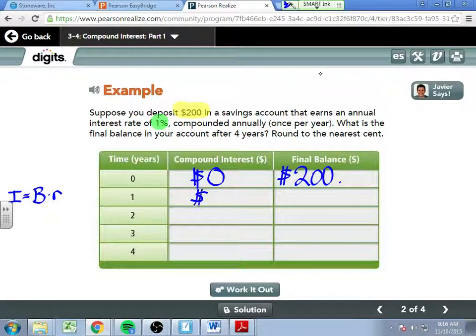So if I make $2 that year, I now have $202. But now for year 2, my interest is going to be 202 times 0.01. If I move my decimal 2 places over to do that 1%, my compound interest is now $2.02.